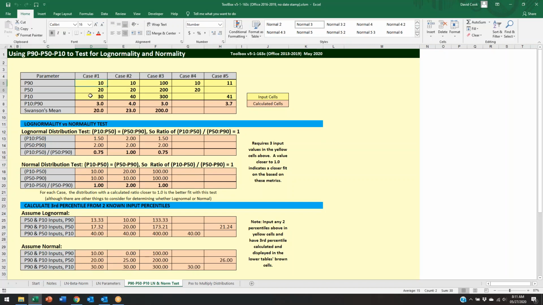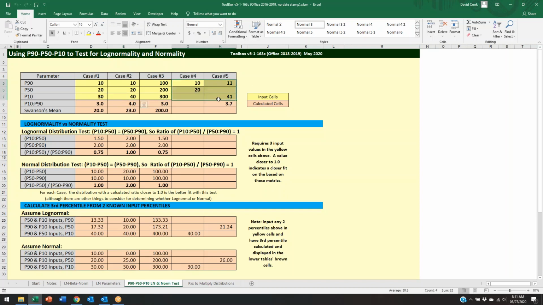So these inputs of 10, 20, 30, with the ratio here of 1, indicate that this is a normal distribution. Differentiate that from case 2, with a high side P10 input of 40. Here you can see that the ratio is 1, unlike the normal distribution ratio of 2. It's indicating that those inputs have more of a log normal shape.